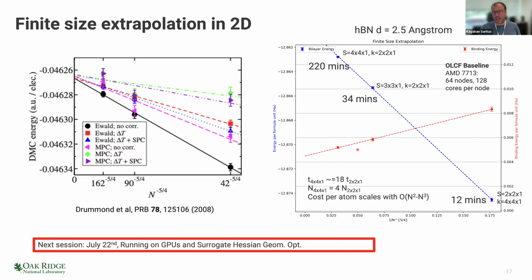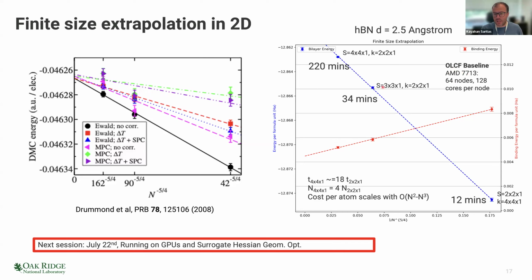I think it was asked in the previous talk about the cost of doing these calculations. So I wanted to provide some information on that, and I can make a small comment about how this could be impacted if you wanted to do quasi-particle calculations. These calculations are performed on an institutional cluster here at ORNL, using AMD 7713 nodes.